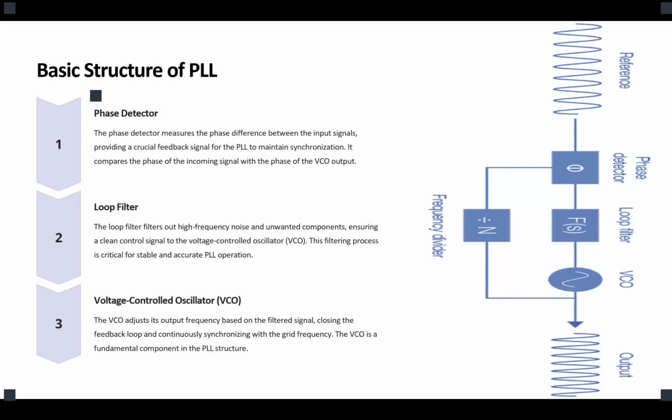Before you added the PLL, what you used for the sinusoidal PWM was to compare a sine voltage. You put a sine generator and a triangular generator, and based on the comparison of these two, you create your PWM. Now what's going to happen is that the VCO here is going to replace that sine generator.